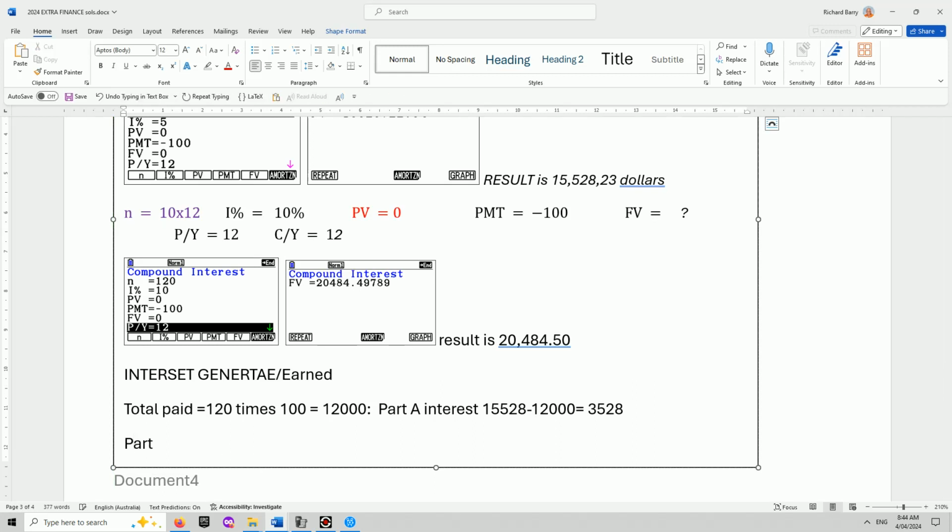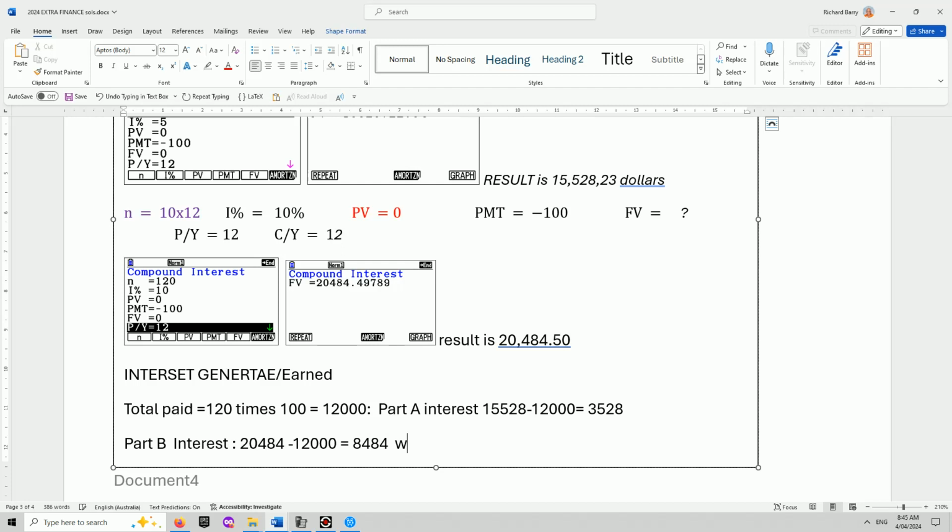And for part B, the interest was equal to the 20,484, subtract 12,000. So I think that's 8,484.